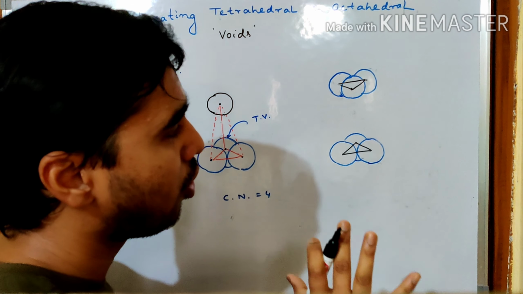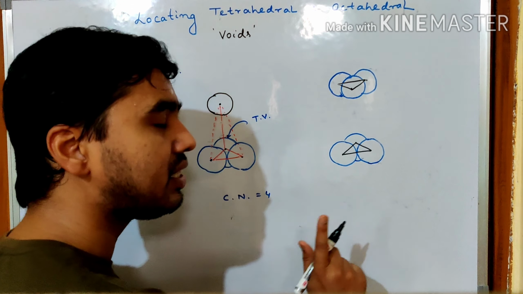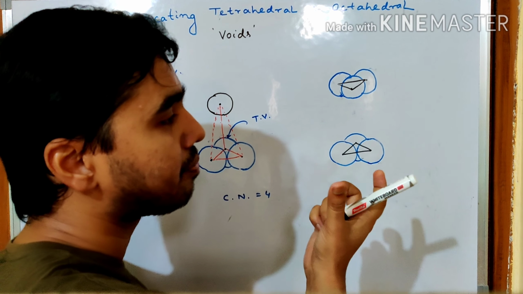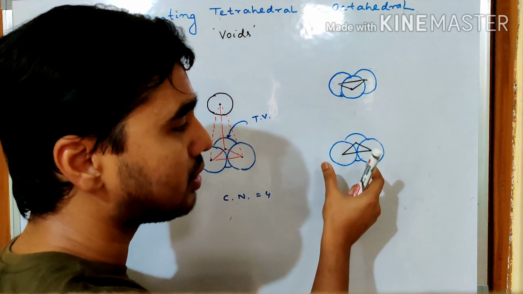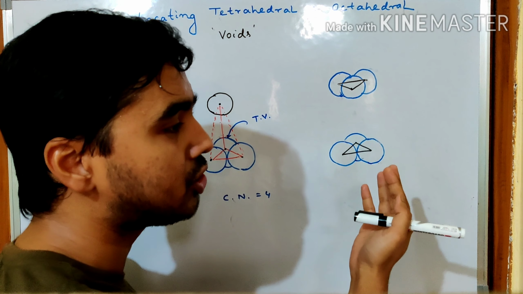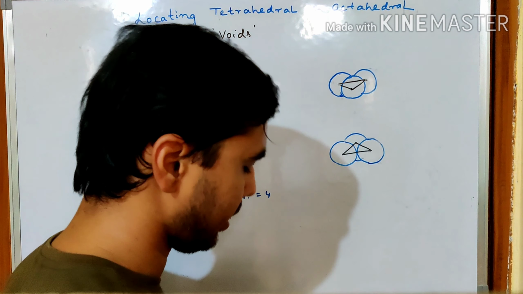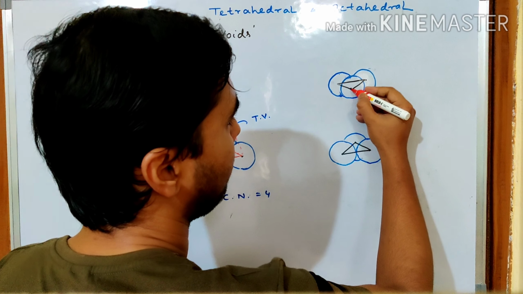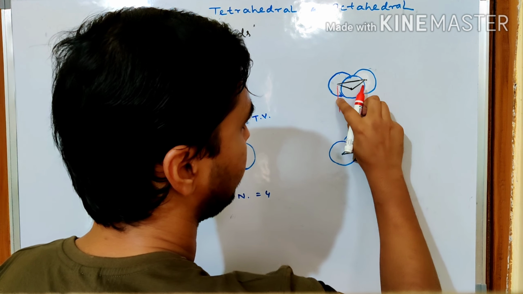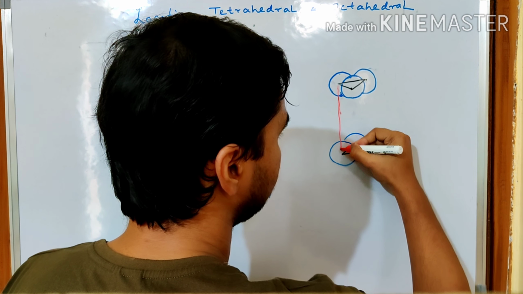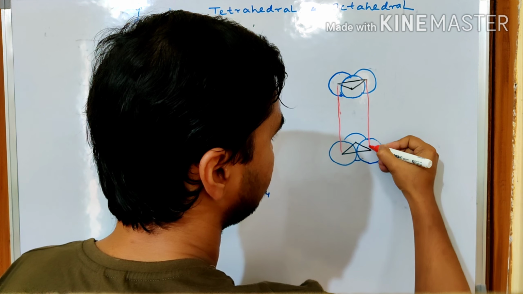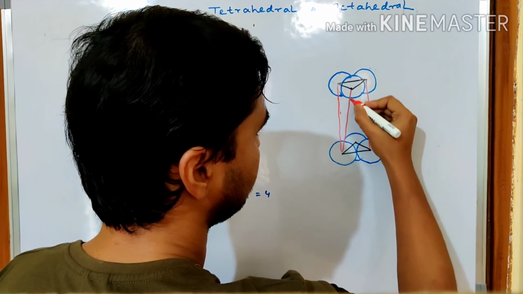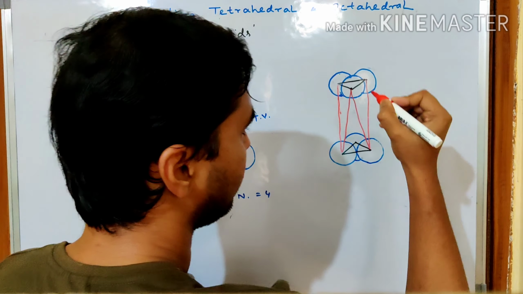This is the essence of formation of octahedral voids. So the basic condition of formation of octahedral voids is that there can be 2 layers touching each other, but the triangles that the 3 atoms over and 3 atoms below will form, their apex will be just on opposite sides. Now let us connect the centers. Okay.